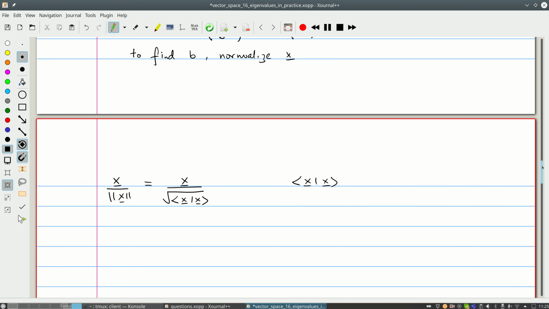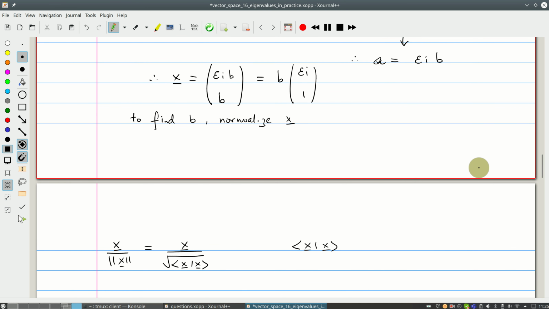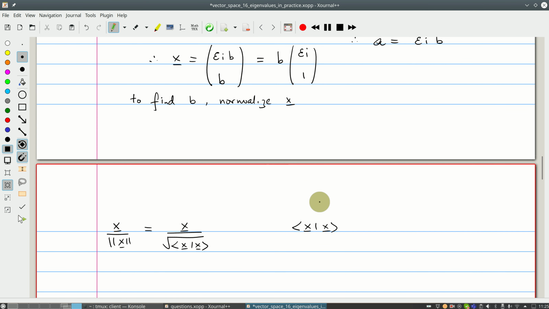If we take the x as we've got it here, in this form, the inner product of x with itself will be x dagger times x. This can be written as (-epsilon i b, b). We have a minus sign because we take the complex conjugate of the vector when we dagger it, and we also transpose it.